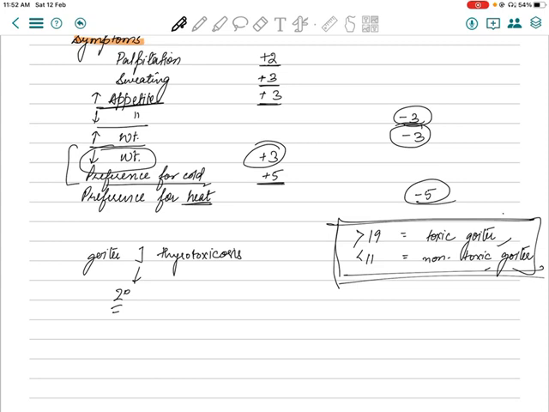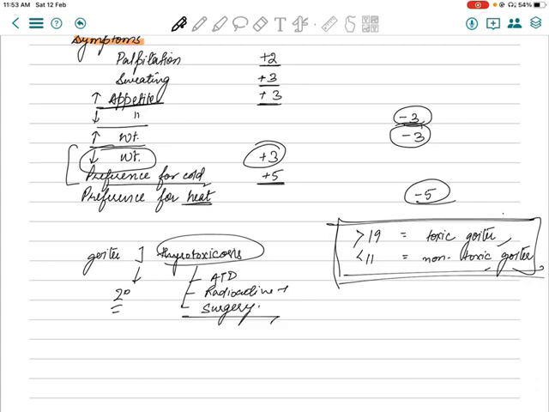What are the main approaches in the treatment of thyrotoxicosis, if we have diagnosed it? It would be anti-thyroid drugs. It could be radioactive iodine also, and there could be surgery, which is always the last resort.